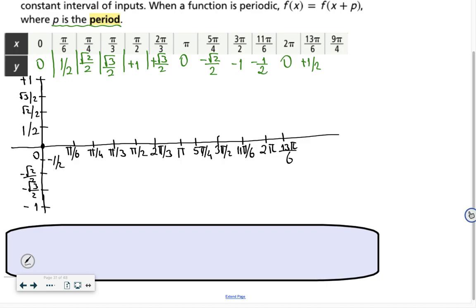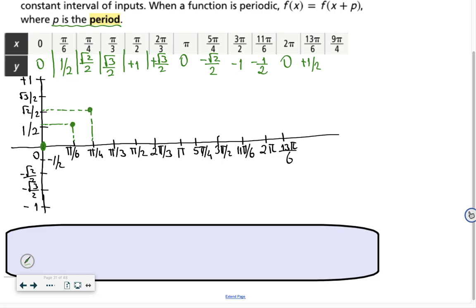Now, let me plot the coordinates. If x is equal to 0, y is equal to 0 as well. If x is equal to pi over 6, the y value is going to become 1/2. If x is equal to pi over 4, then the y value is going to be positive radical 2 over 2.